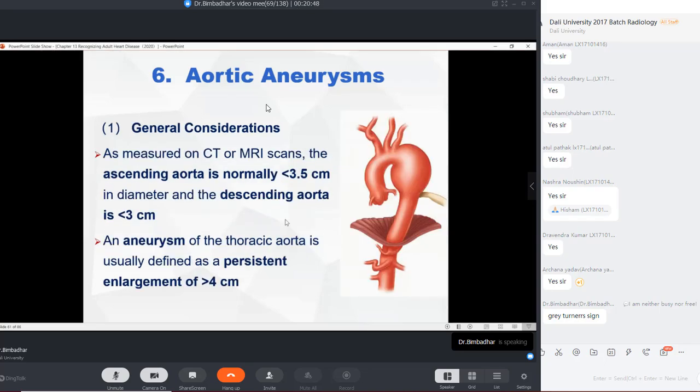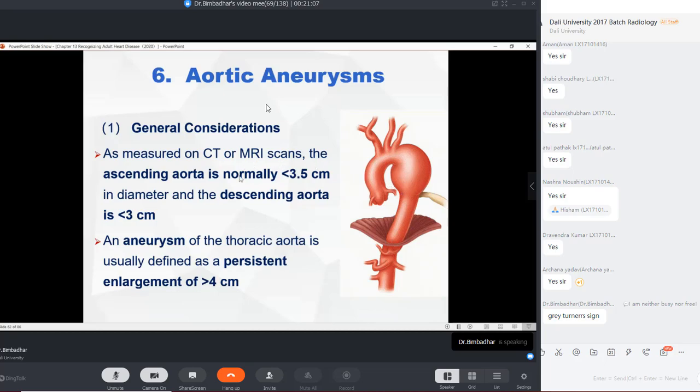How will it look like? You see here, there is sudden expansion of the diameter of the aorta. So it will be greater than 3 centimeters. And also, if it is happening in the descending aorta, we also call it an aneurysm.